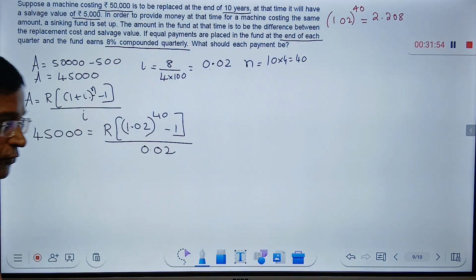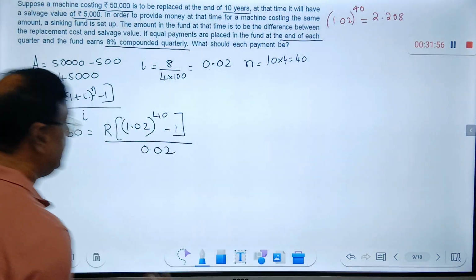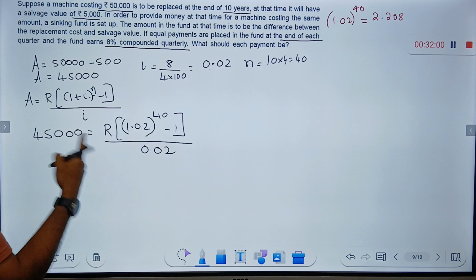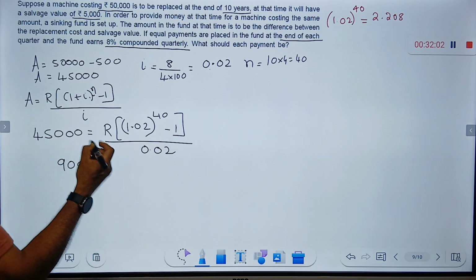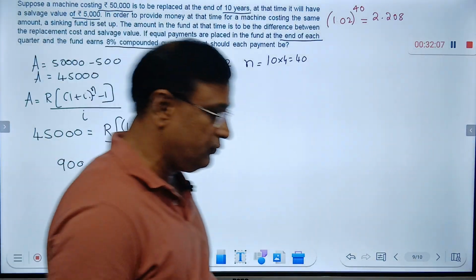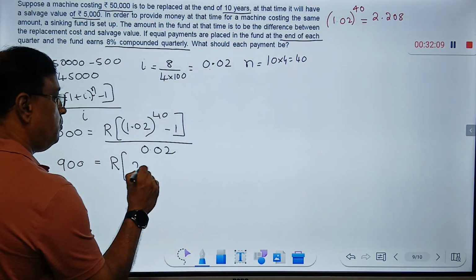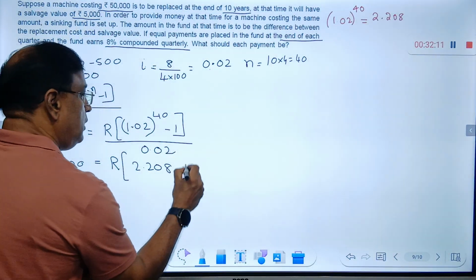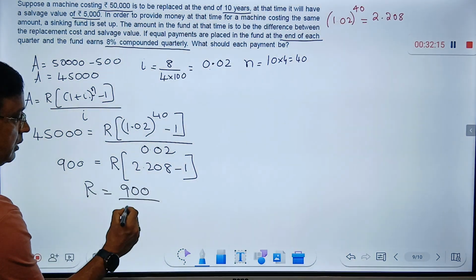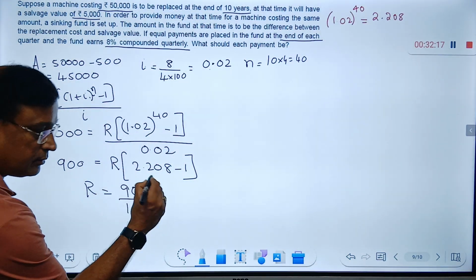Okay. Now you cross multiply. So when you cross multiply, you get 900. Clear? 45 into 2 is 90, and adjust the decimal place, you'll get it. R into, already this value is given to you, which is 2.208. So it will be 2.208 minus 1. So this will be R as 900 by 1.208.